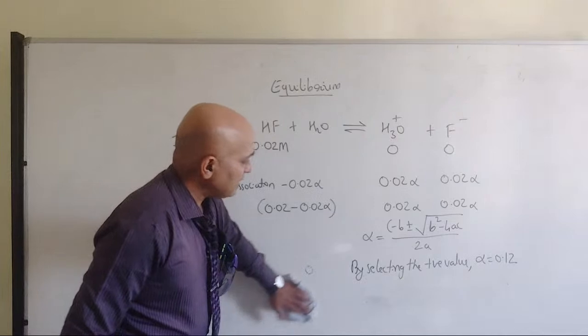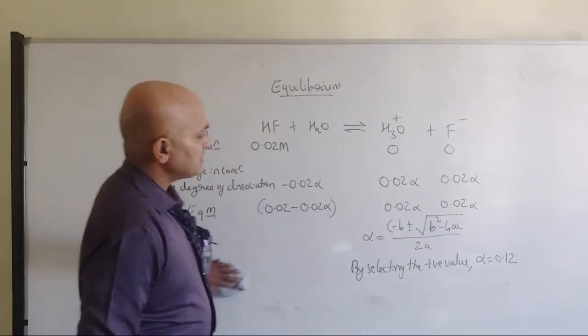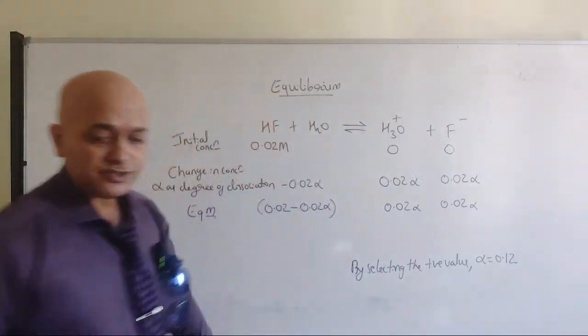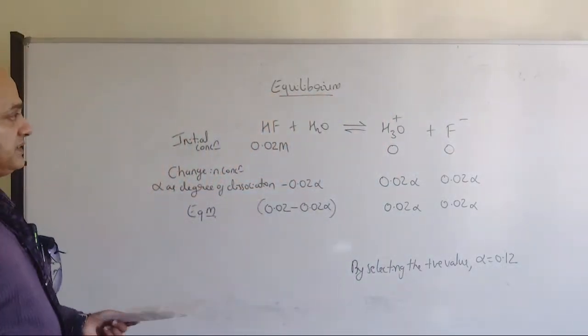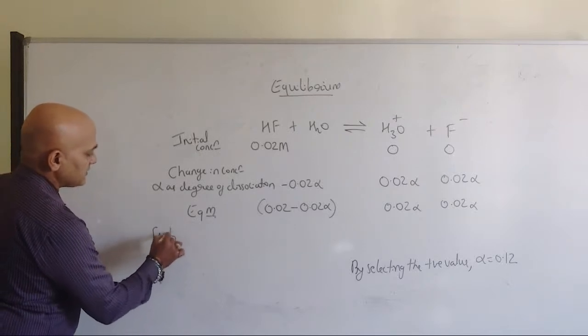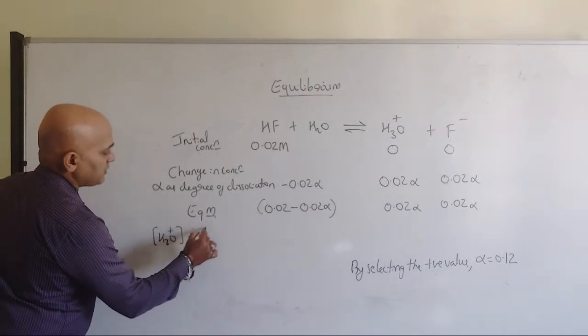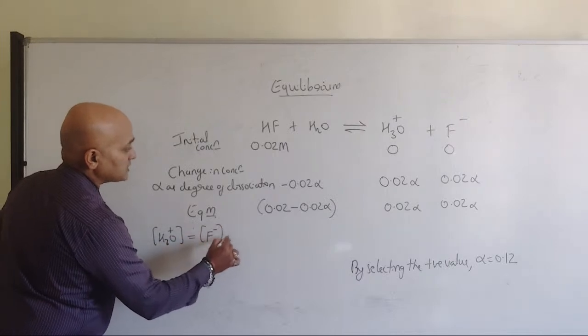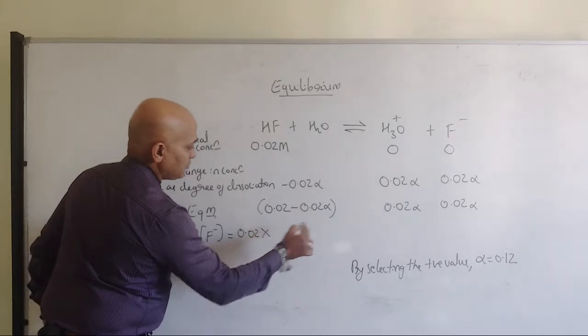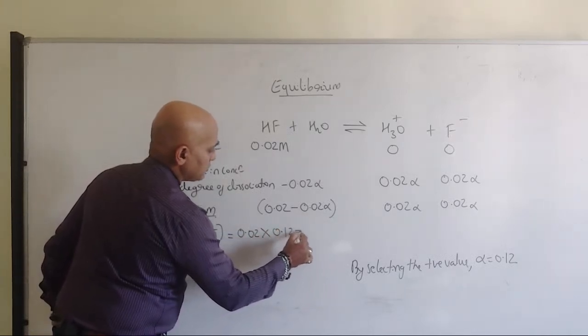Now whether we can calculate the concentration of all these things, all the molecules at equilibrium, naturally we can calculate easily. For example, if I take H3O plus, which will be equal to fluoride concentration, which will be 0.02 into 0.12.